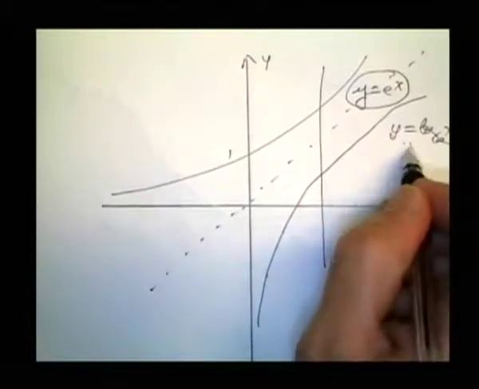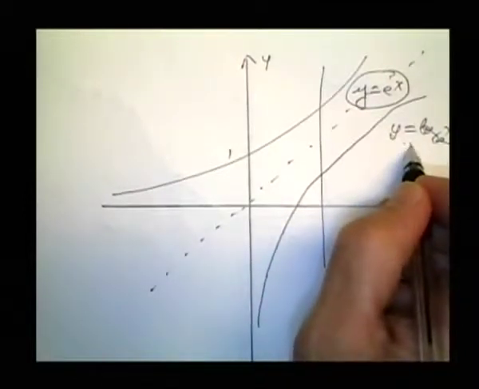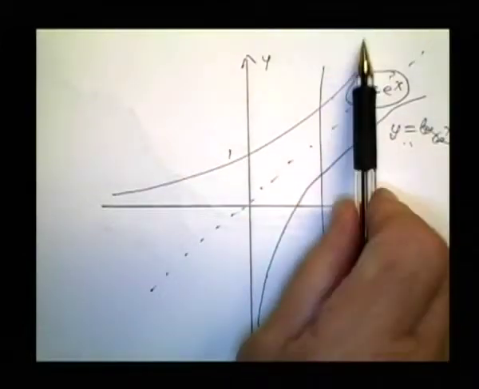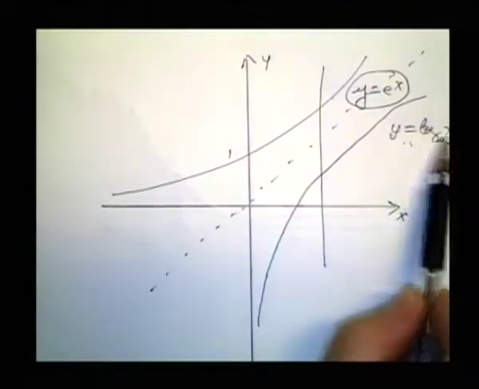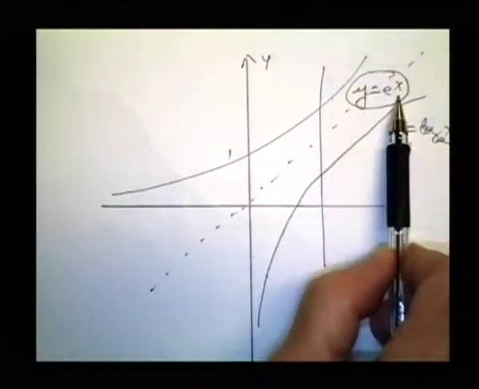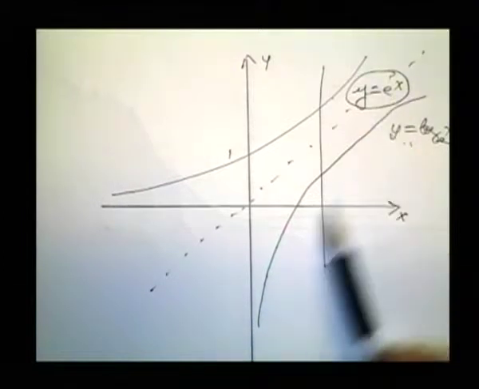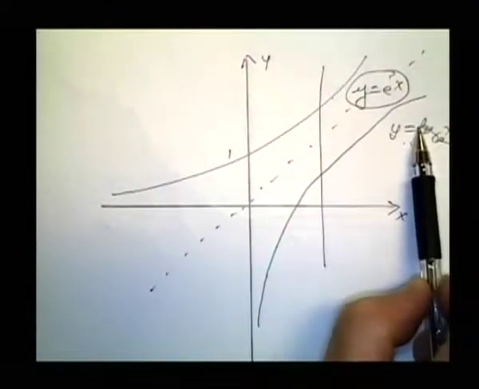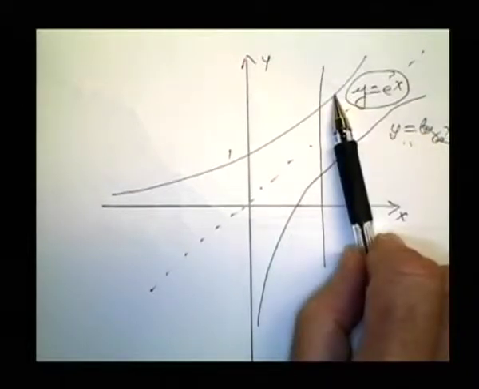This one here is also a function. In fact, it's the inverse function of this particular graph here. Y equals log x to the base e is the inverse of y equals e to the x, or vice versa. The inverse of y equals log x to the base e is y equals e to the x.